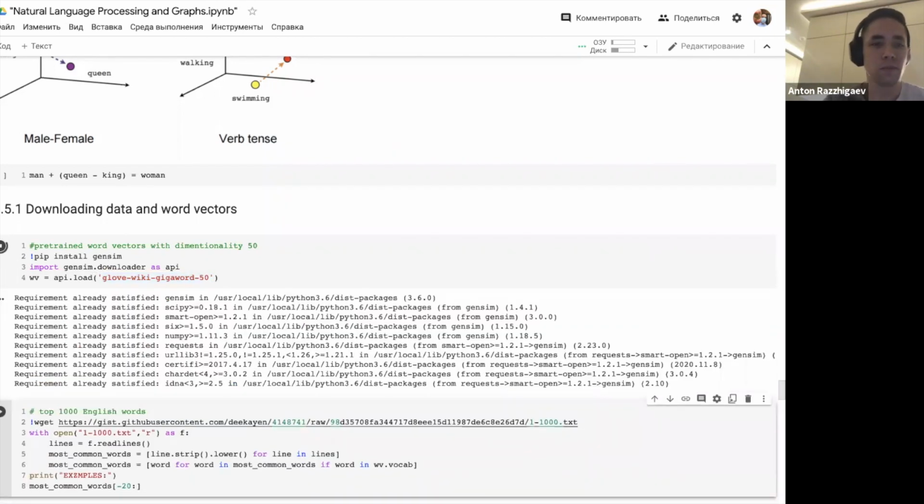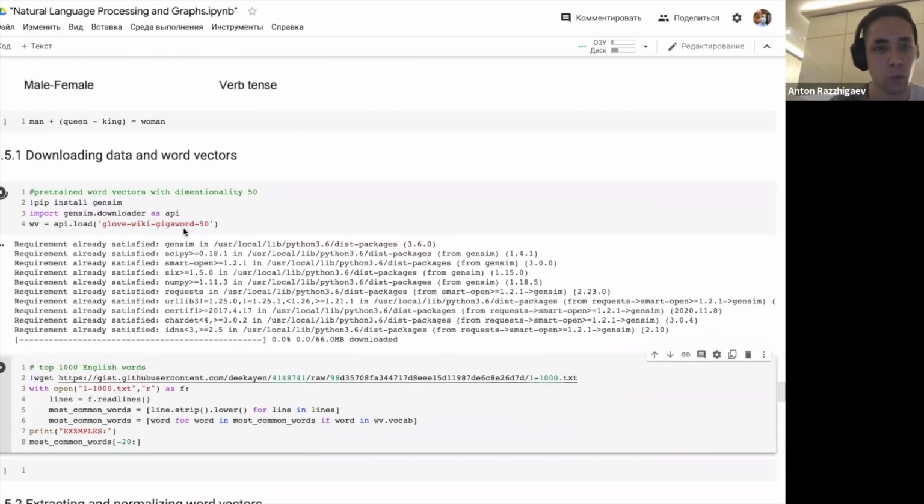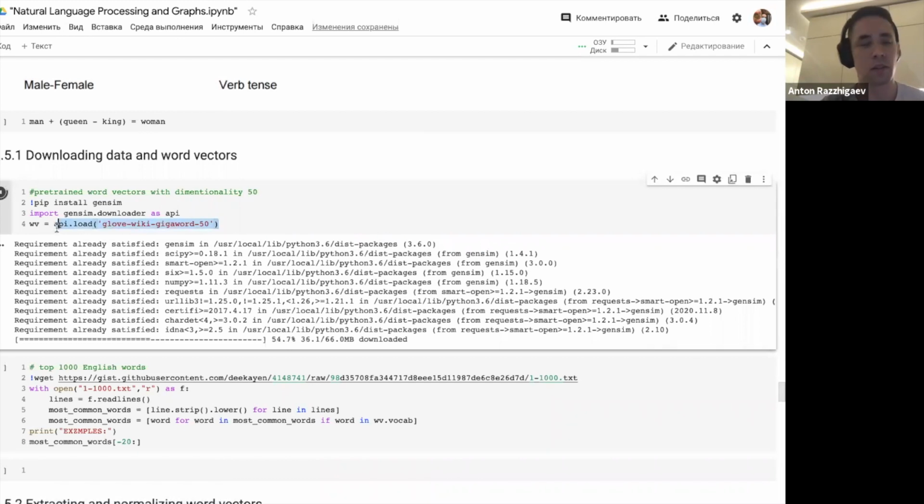Let's wait a little. It will take about a minute to download these vectors. So this lookup table is a kind of dictionary which helps us to map a word to its vector.